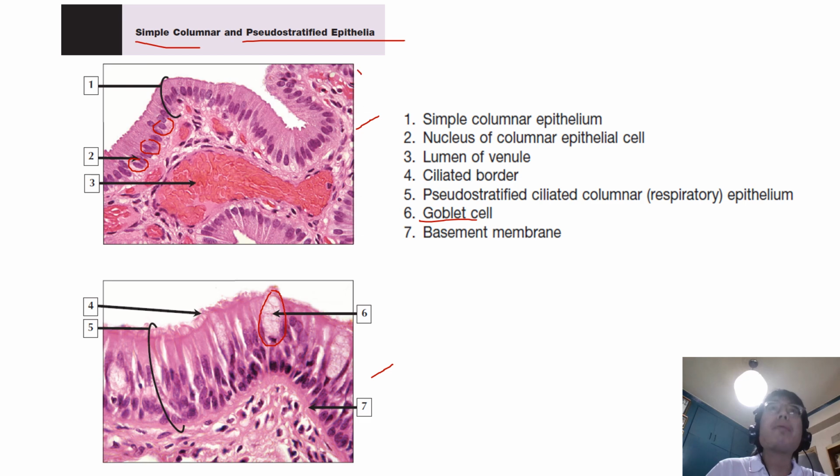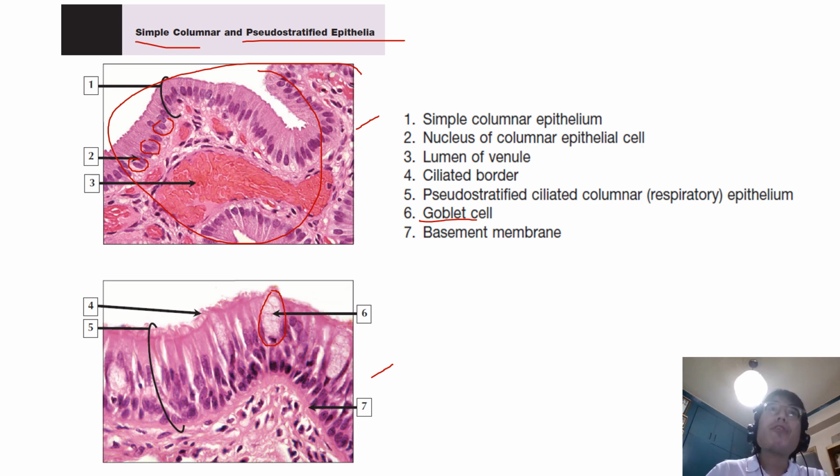Simple columnar epithelium over here lines the small and large intestines, inner lining of the stomach, major ducts of glands, convoluted tubules of the kidney, gallbladder, small bronchi of the lungs, and even parts of the male and female reproductive tracts.